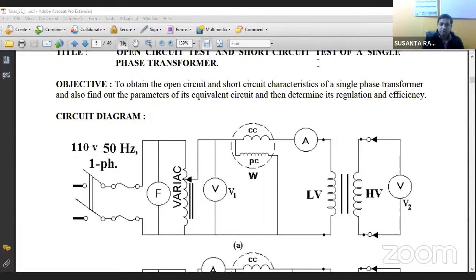So why should it be performed at rated voltage only? To calculate the no load parameters, because the no load loss, the core loss, is fully dependent on voltage square. So to determine the rated core loss, we have to give rated voltage.